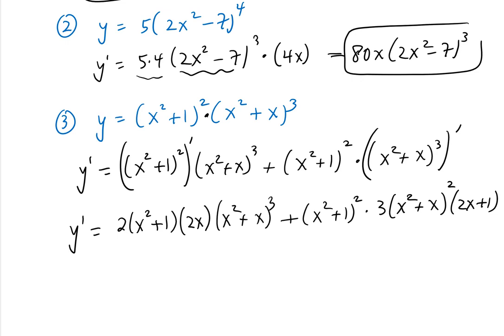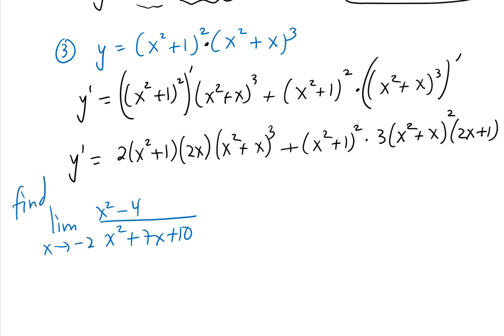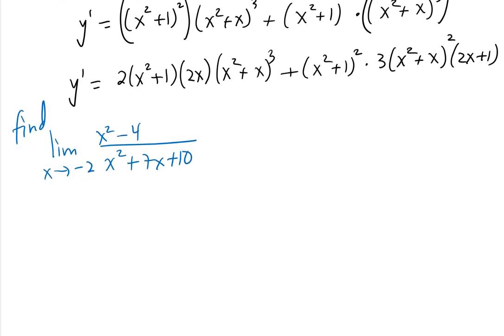How about finding the limit of x squared minus 4 over x squared plus 7x plus 10 as x approaches negative 2? If you plug in the limit, that will be 0 over 0.